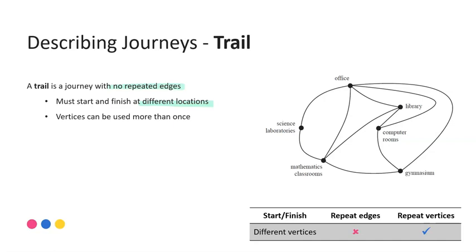In this case, maybe I have started at the mathematics classroom, gone to the science lab, to the office, to the computer room, library, back to maths, and then the gym. I haven't repeated any edges. To write out that trail, we had maths, then science, office, computer room, library, back to maths, and finally finishing at the gym.